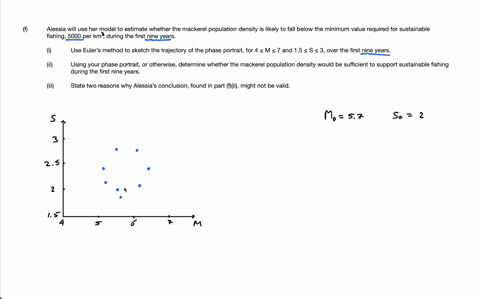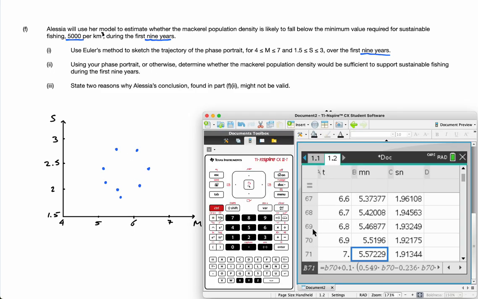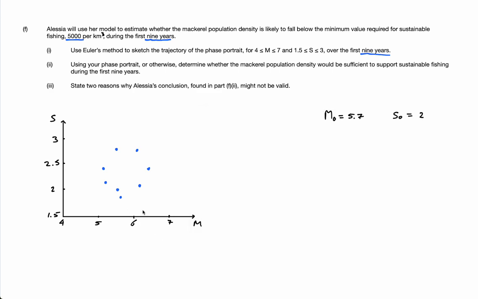this looks like it's spiraling out. Let's continue. 6.1, 1.9, or it's nearly 2, so 6.12. Let's do that.